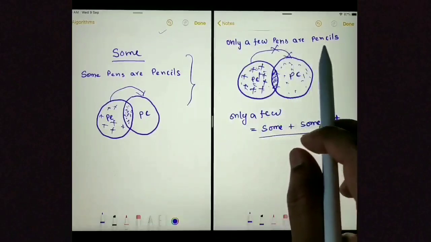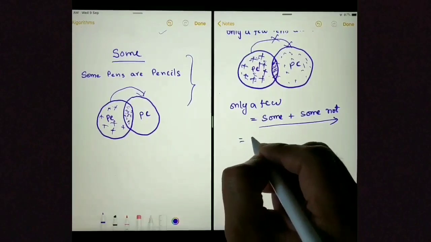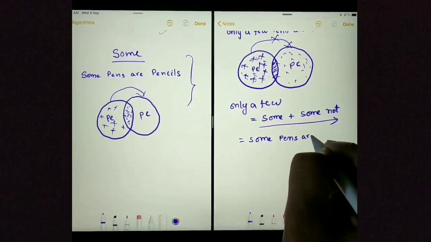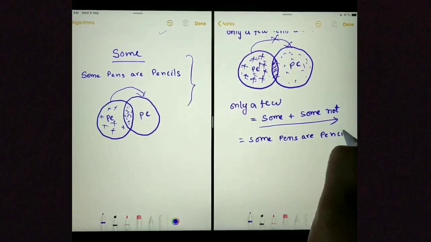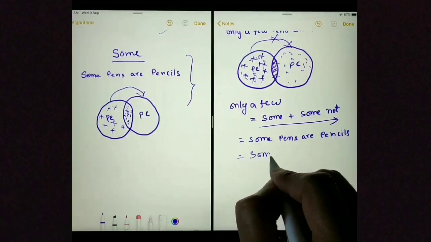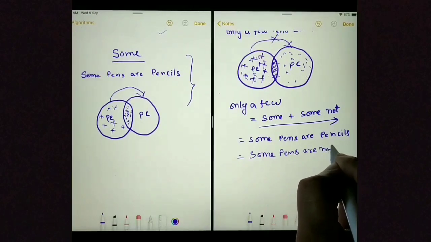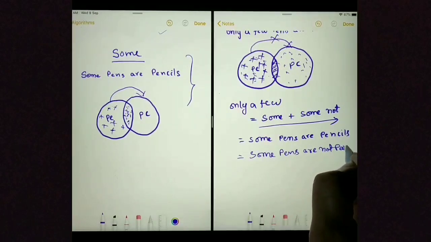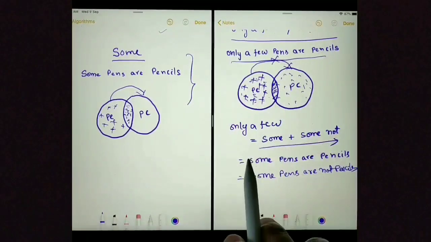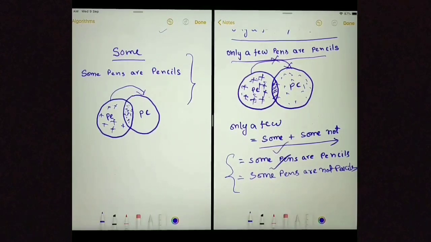If this is the statement, the conclusion can be some pens are pencils and also some pens are not pencils. If these two are given in conclusions, then both of these conclusions are true.